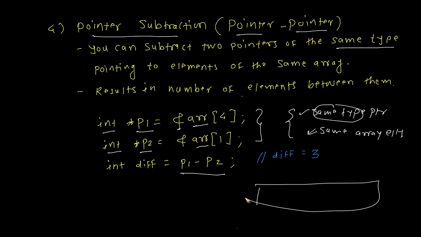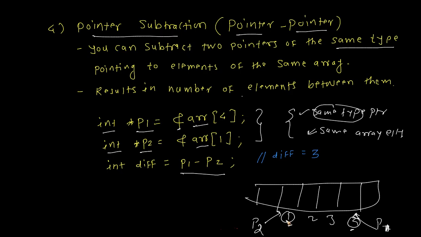For example, if this is 1, 2, 3 and 4, p2 is pointing to the first location and p1 is pointing to the 4th location. If we do p1 minus p2, in fact we are subtracting the indices.